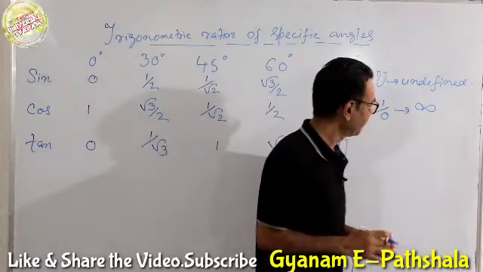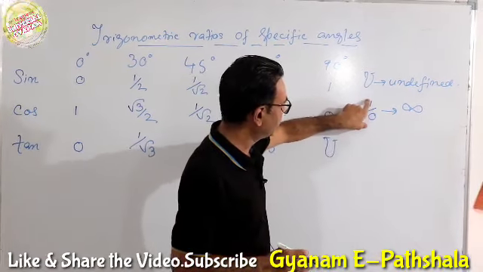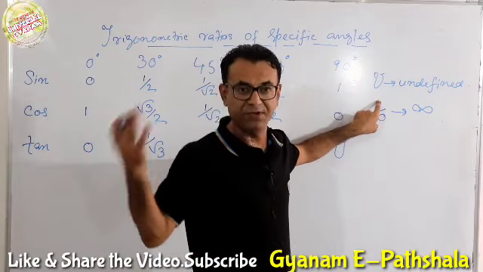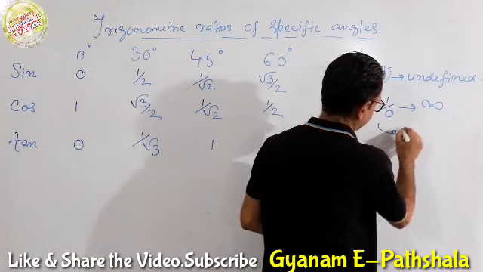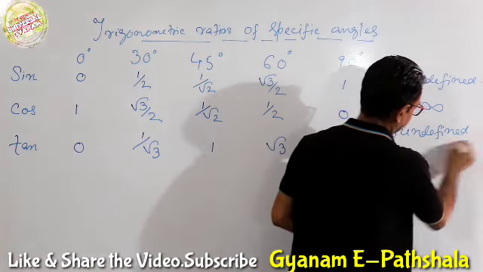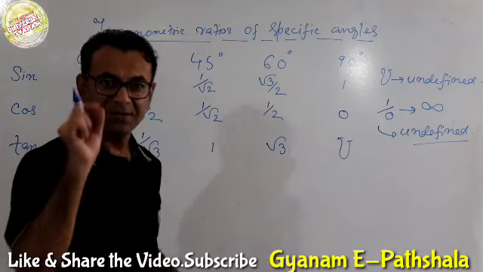It's a huge concept. In fact, the reality is 1 by 0 is not equal to infinity. You cannot equate anything with infinity mathematically. 1 by 0 is undefined, in the sense that you cannot have a divisor called 0.